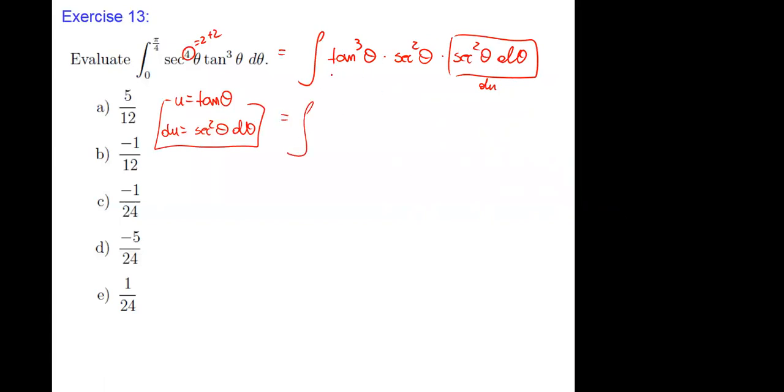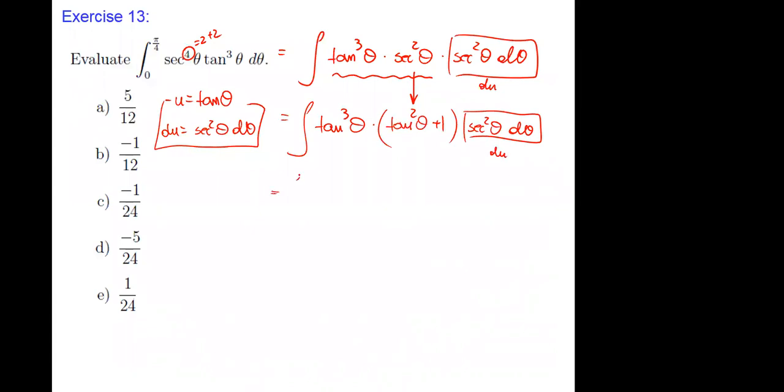Since this is du, everything must be rewritten in terms of tangent. Tangent cube theta is fine, but secant square could be defined as tangent square theta plus 1. And this is my secant square theta d theta, it's my du. Let's rewrite.